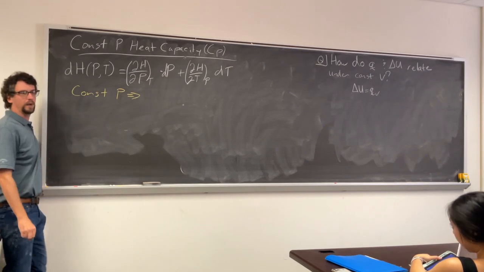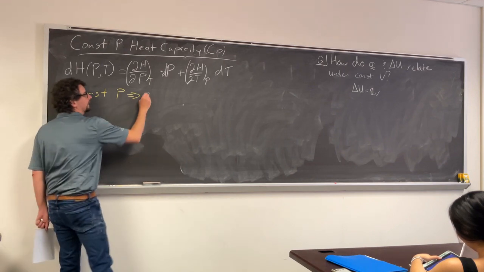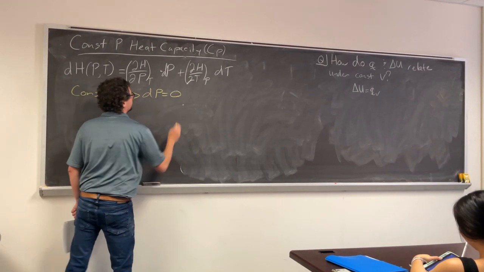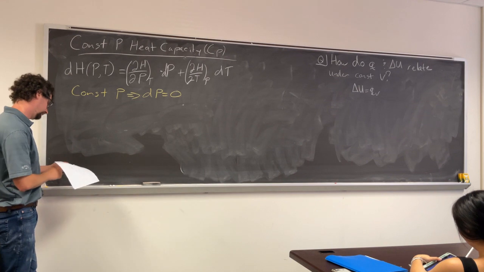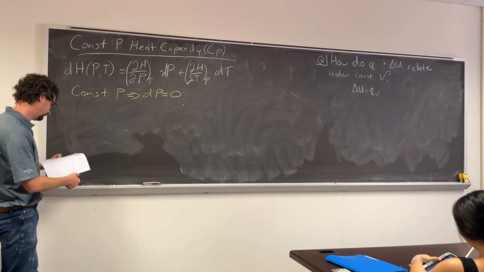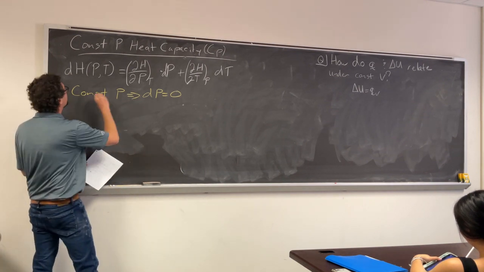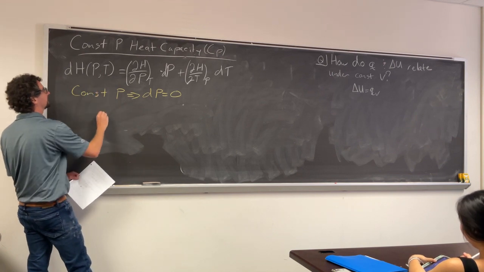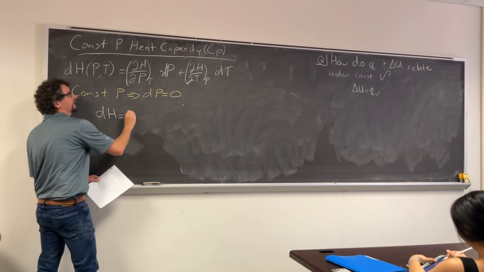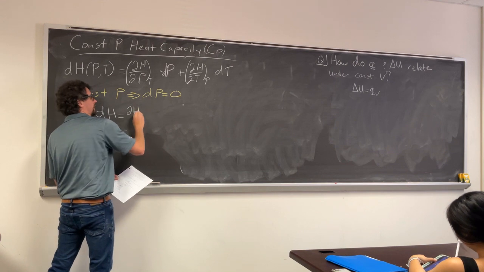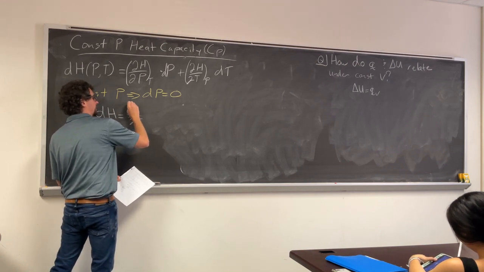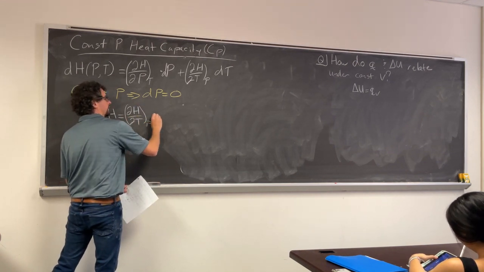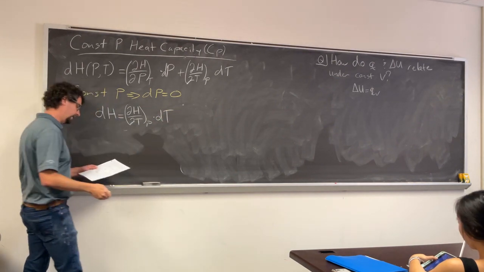How's that going to make our equation easier? So, what we're left over with, I'm going to leave off some of this stuff: dH is equal to partial H, partial temperature, pressure constant, dT.